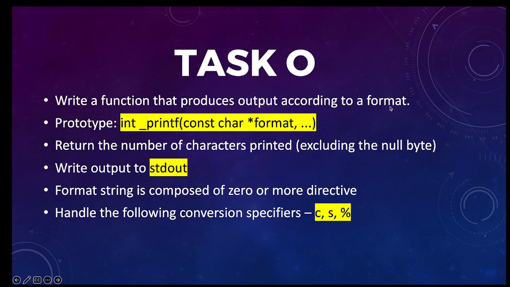That format is a string. And then you are given this prototype, and this prototype simply tells you that this function that you are going to implement is a variadic function, and that is indicated by these three ellipses you see over here.